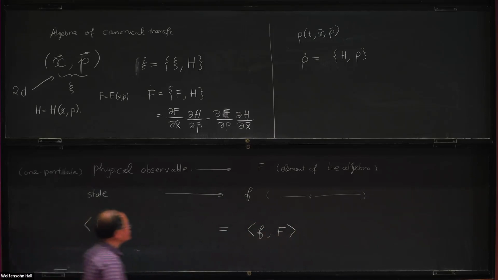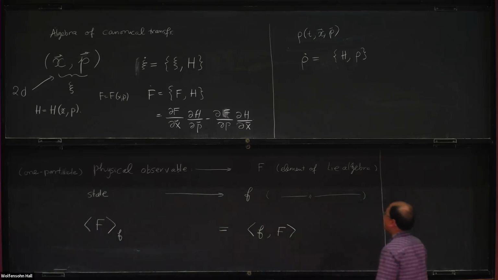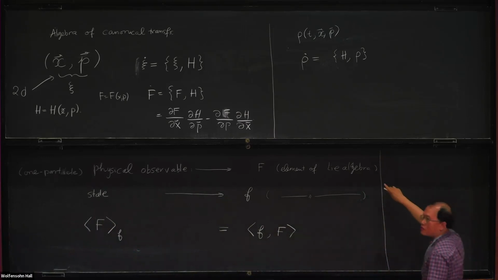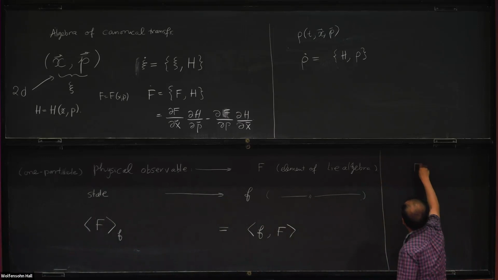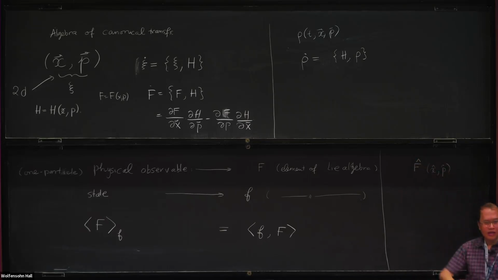And here I'm going to draw for you quantum mechanics analogs. A physical observable is an operator in quantum mechanics. Here we are dealing with operators that can be written as some function of x and p, say expanded as a polynomial in x and p.